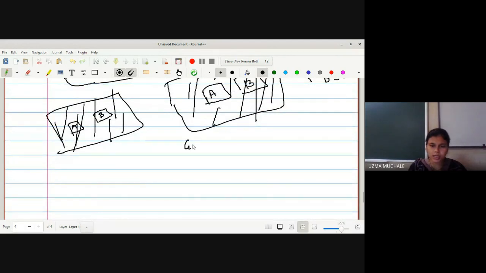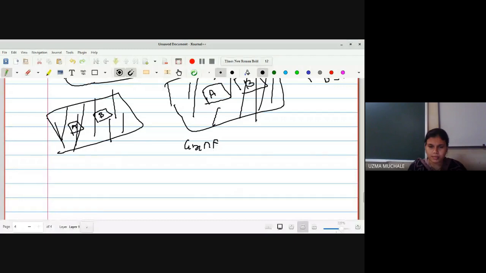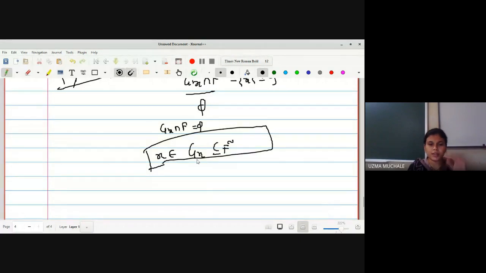Gx intersection F minus singleton X is the empty set. So Gx intersection F is the empty set. We can write this as Gx is contained in the complement of F. But Gx is an open set which contains X, and hence we have proved the result.